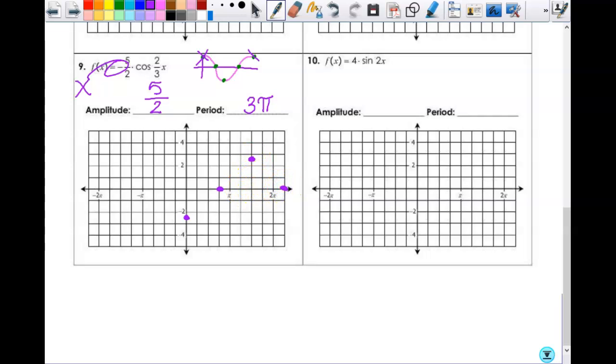So I have to actually put it there if I can put it there. So now that I have that, just basically reflect it over here. Here are my zeros, and then my maximum is up here.